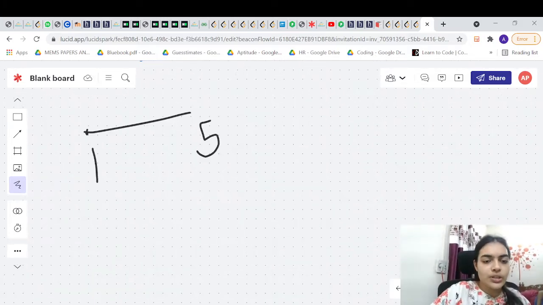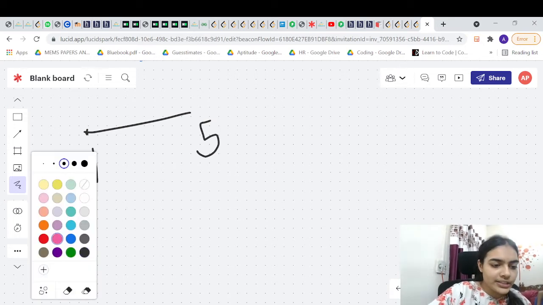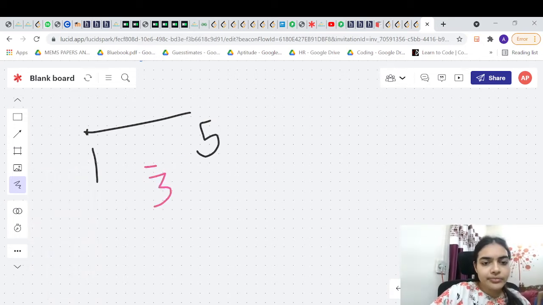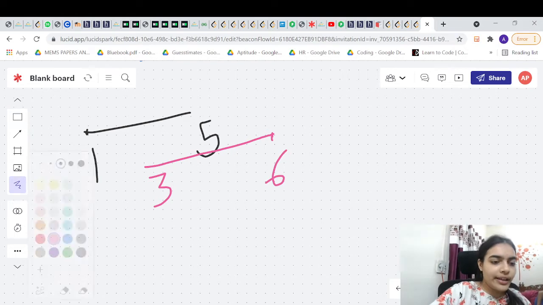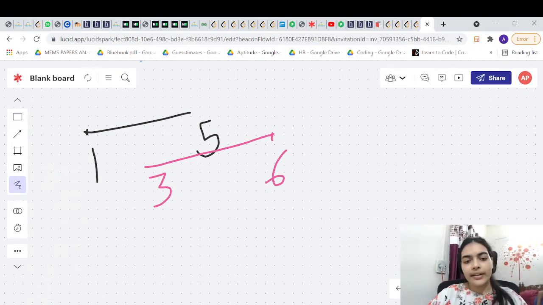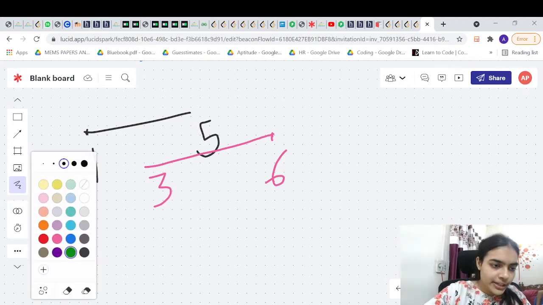Suppose you have something like this, 1 5, and then you have the next interval at, let's say, 3 6, and let's say the next interval is there at, okay, let me take a better example.